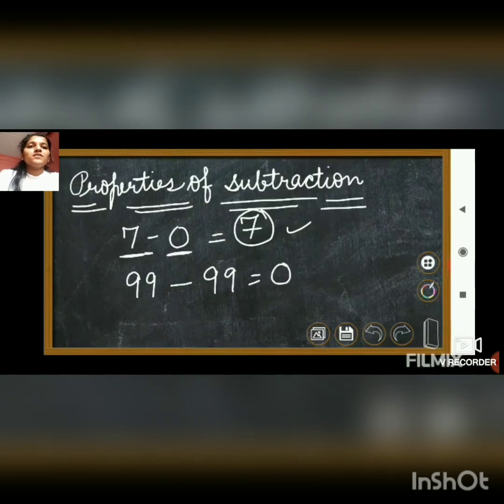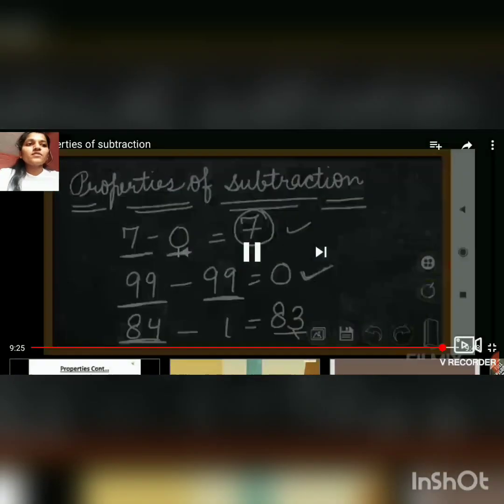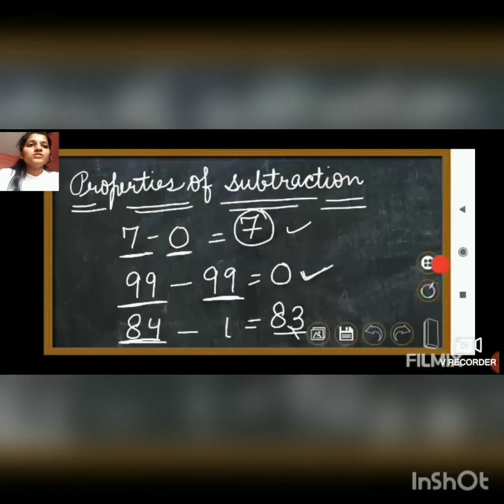That means when we subtract the same number from the given number, here the same number is 99, so we get the answer 0, right? So this is our second property. And third property: we know that 84 minus 1, that means when we subtract 1 from any number, we get the predecessor of that number. So here 83 is the predecessor of 84. Okay, so this was all about the properties of subtraction.